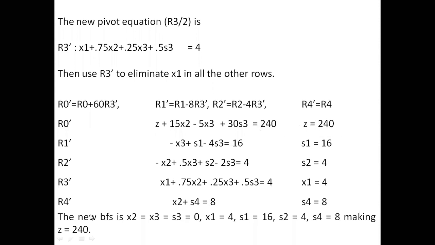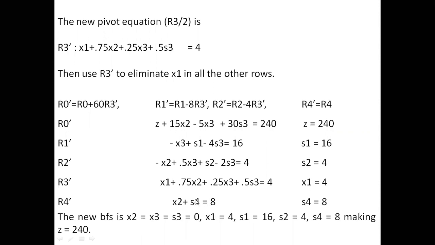So the obtained basic feasible solution equations are these. In this, x2, x3 and slack variable S3 are simultaneously equated to 0, and when x2 and x3 are 0, x1 is equal to 4. So x1 is equal to 4.